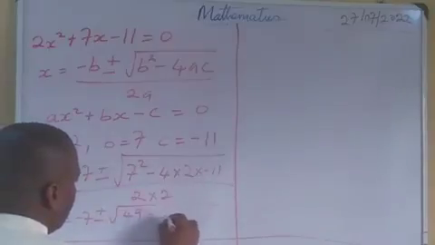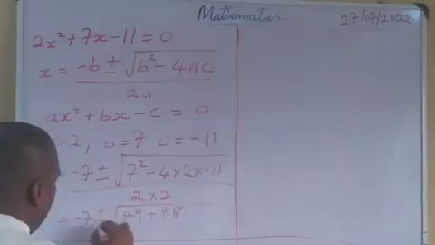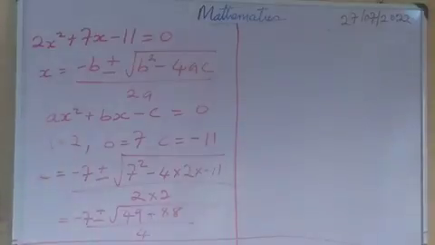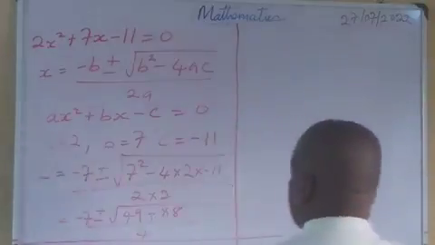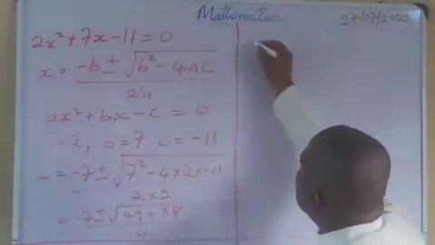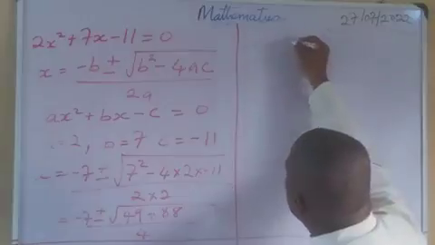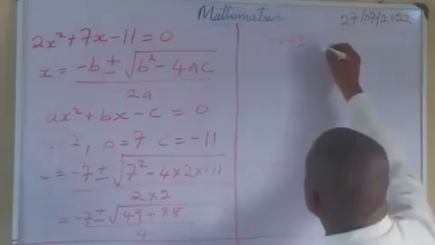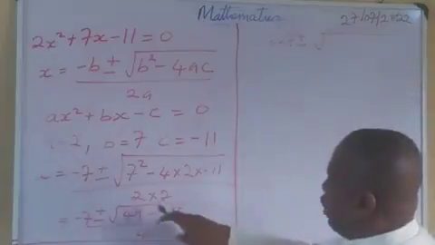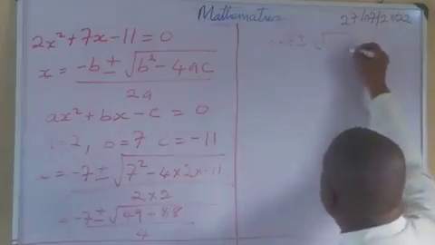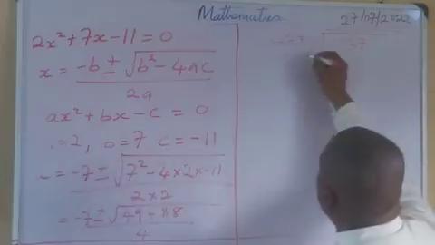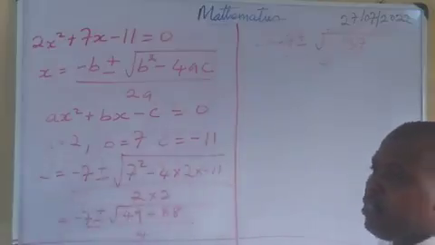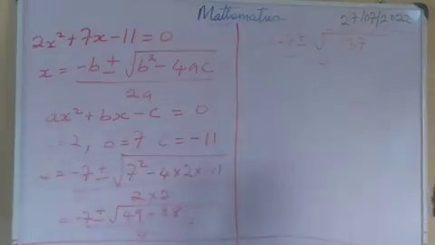So it's going to be 88, all over 2 times 2, which gives you 4. Now when you continue, you say x equals minus 7 plus or minus square root of, if you add these up, you get 137 all over 4.